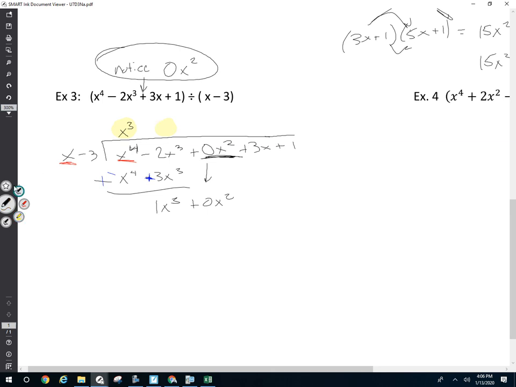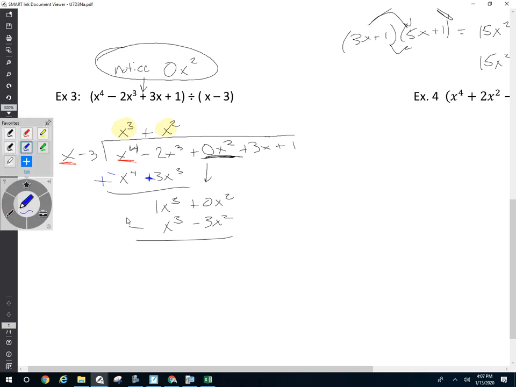Mr. Garcia, what do you think? Yes, because x squared times x gives us x cubed. X squared times x is x cubed. X squared times negative 3 is negative 3x squared. Subtract this. What do I recommend doing, Miss Brown, besides subtraction? Adding the opposite. So this becomes plus a negative. This becomes a positive. The x cubes are gone.